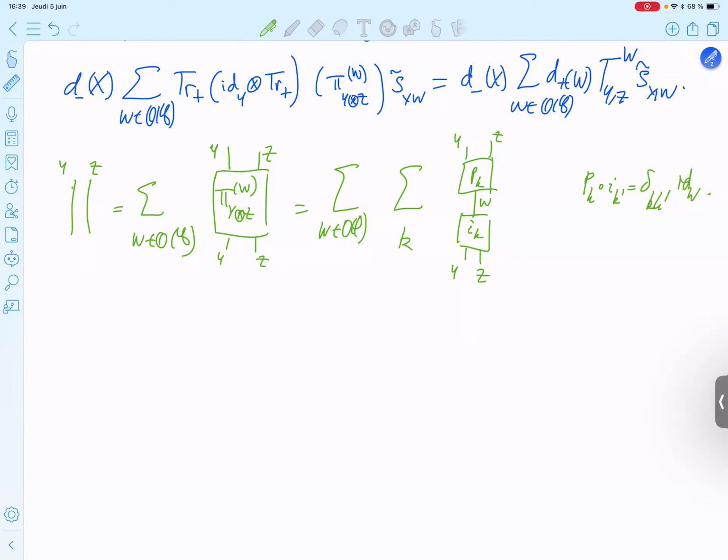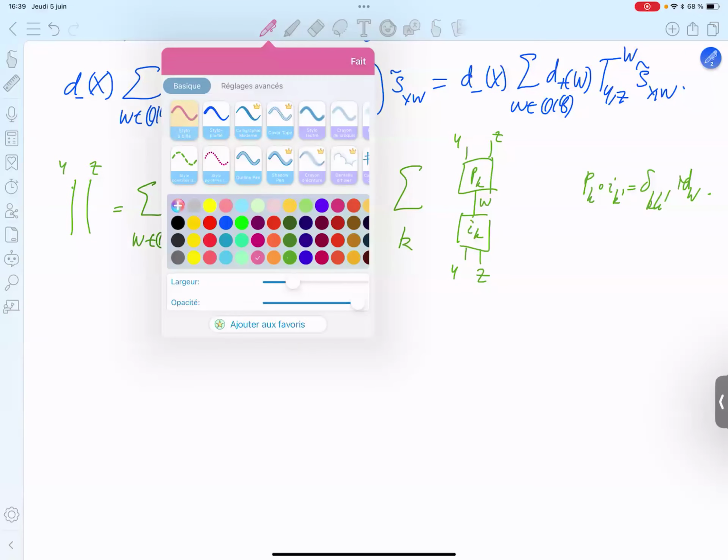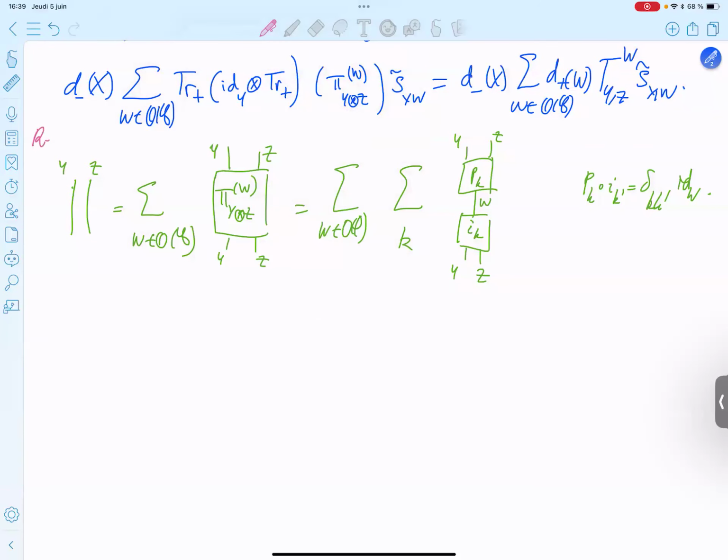You can call that the resolution of identity if you like. This is well known.